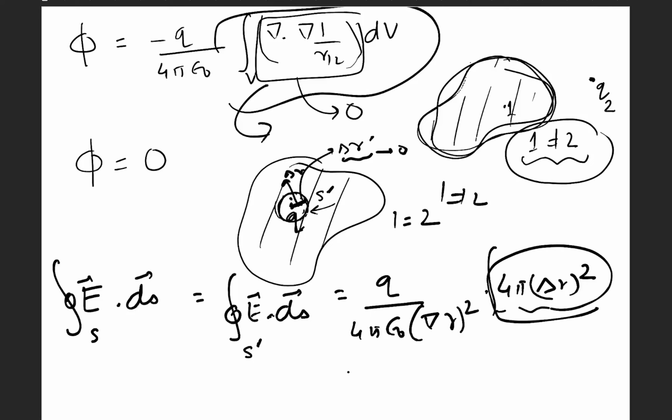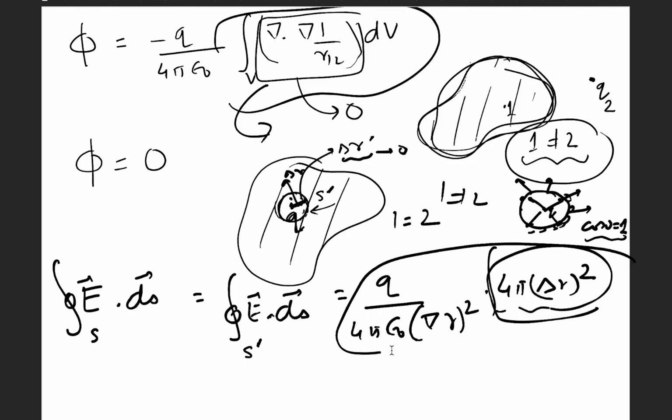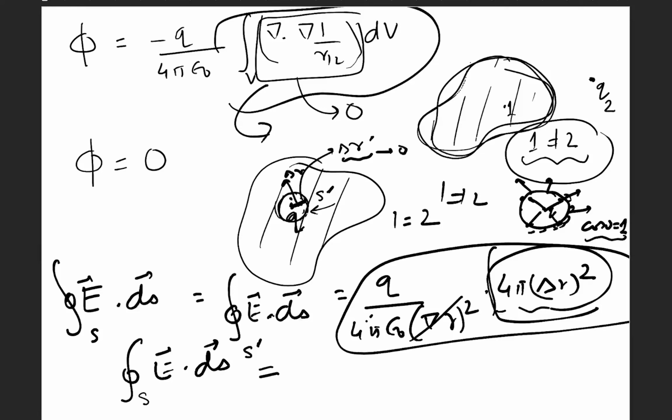Since we are assuming that this is a small sphere which has the charge at its center, the field will be radial in direction, and the small surface area element on the sphere will also be in the radial direction. So this dot product will have cos 0 equal to 1. So all this boils down to this. So you see that E dot ds over the whole surface is simply, this is cancelled out, q by epsilon naught.